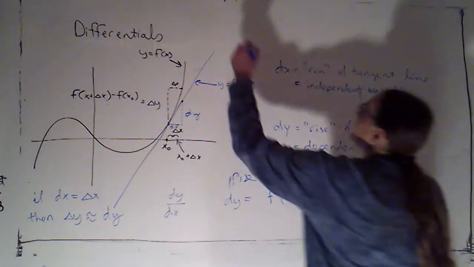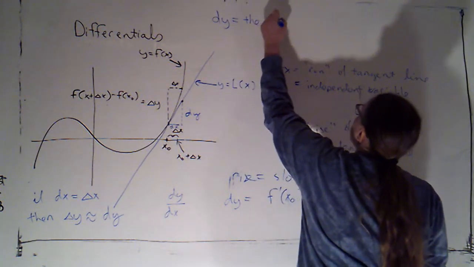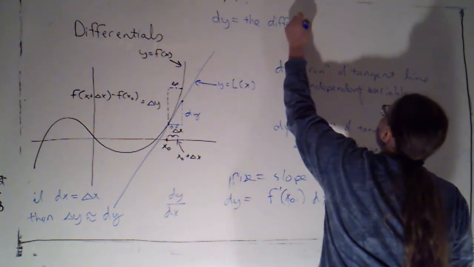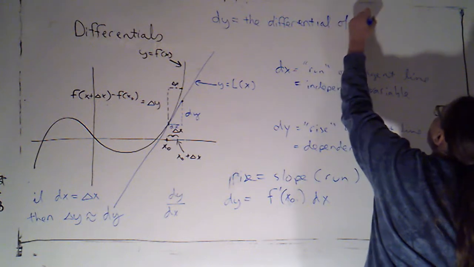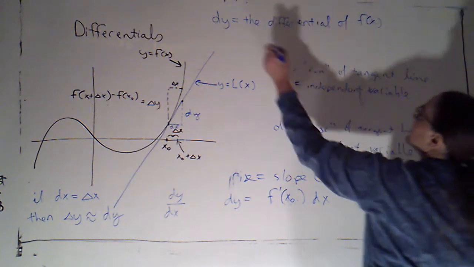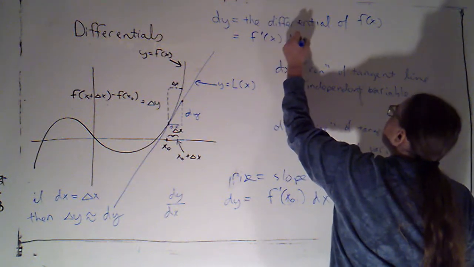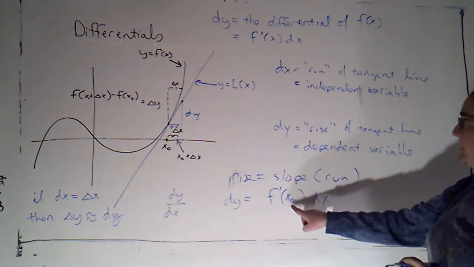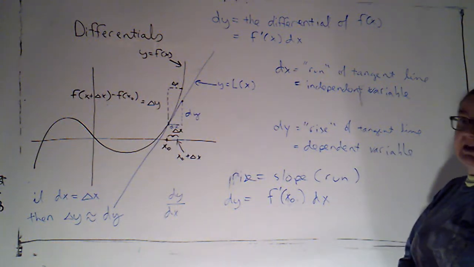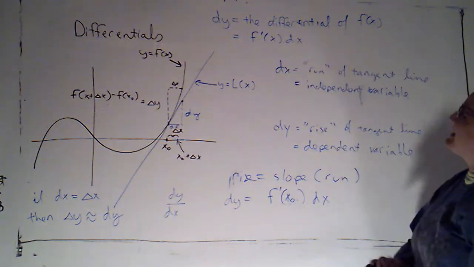But we define dy as the differential of a function f of x. We define that to just be f prime of x dx. Now when we're using it, we'll always be plugging in a specific number for x, and we need to have a specific number to plug in for dx as well.